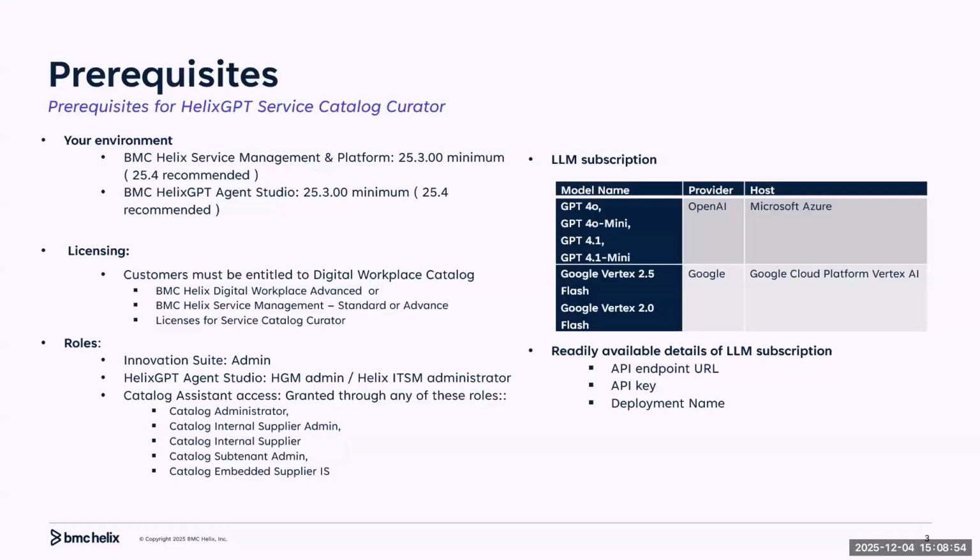What do we need from your side? We need your API endpoint URL, your API key, and the deployment name. These three pieces of information are needed to do all of this configuration. But I will go step by step later when I explain the model.